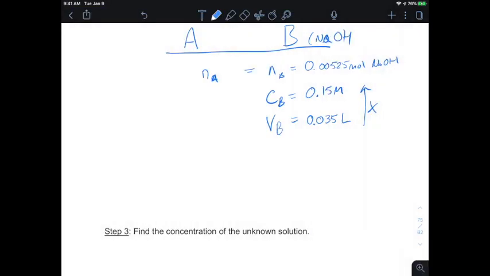So whatever our number of moles of sodium hydroxide are, we have the same number of moles of acid, whatever acid this is. Now we have to think that our original solution we were reacting with had a volume of only 0.025 liters. And so we want to use those two together, divide them, and get the concentration of our acid.